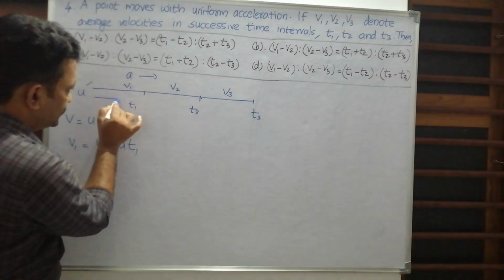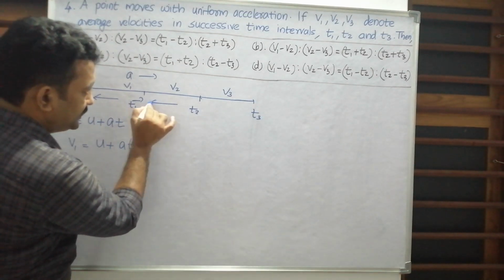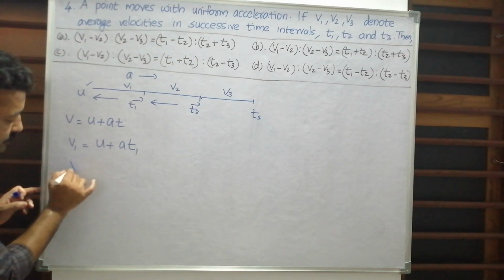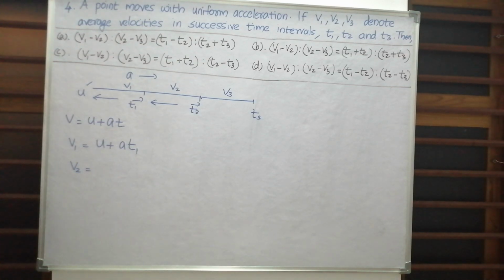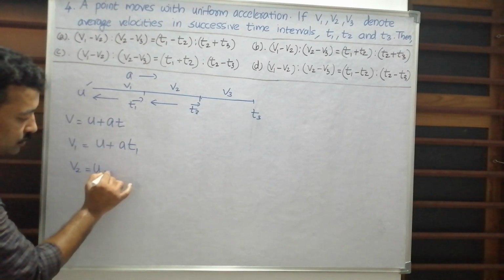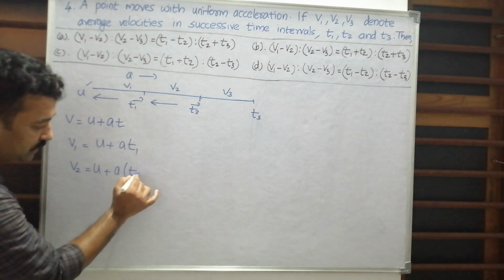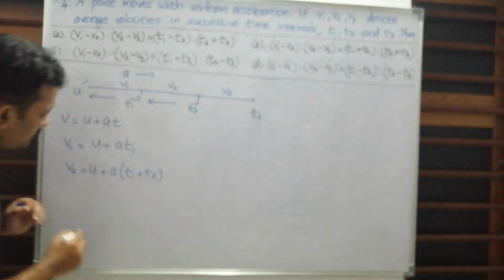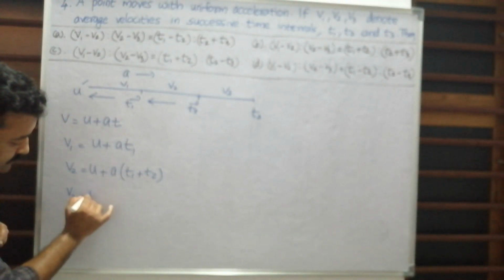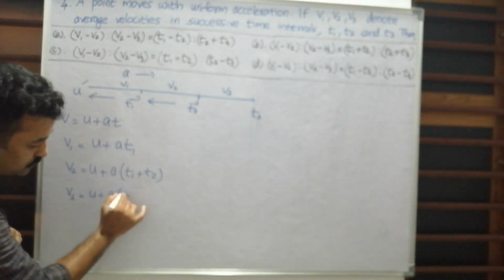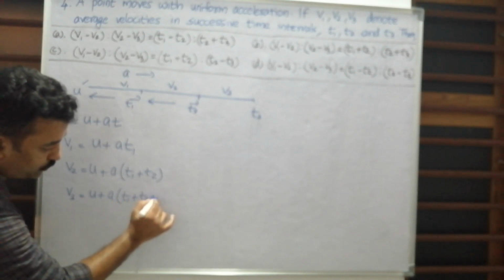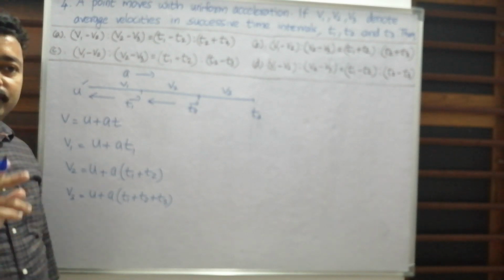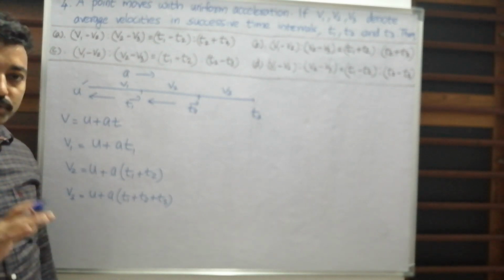This is the first interval, this is the second interval. So the total time is t1 plus t2. After that, the velocity attained is v2. What was the initial value? U plus a into t1 plus t2. Proceeding to the third one, v3 can be written as u plus a into t1 plus t2 plus t3, by simple application of the first equation of motion.